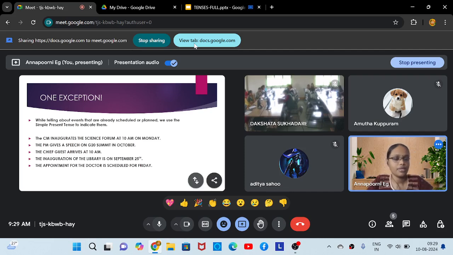But since everything is planned and ready, you can express that in simple present tense. Since everything is scheduled for Monday, already pre-planned, you can express that in simple present tense.